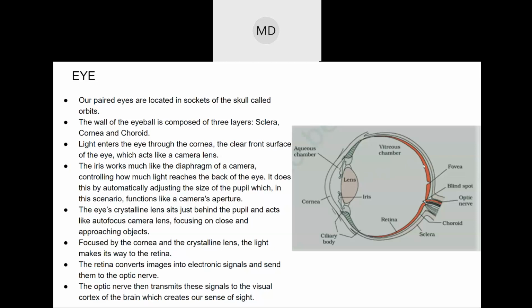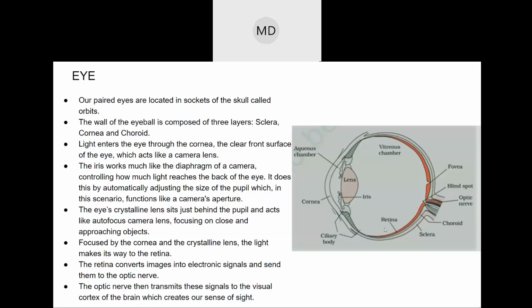The lens will focus the image on the retina. You will see an object, the light will come and fall on the cornea, then it will be focused by the lens, then the lens will focus the image, not actually the light, on the retina.